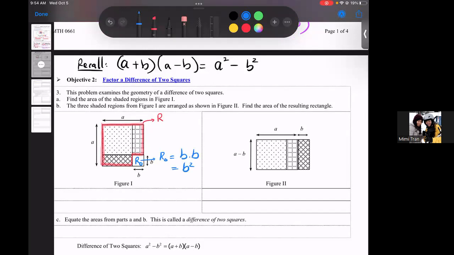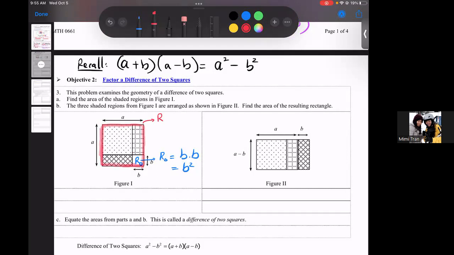What is the area of the shaded region? Hang on, I shaded wrong. Ooh, I shaded wrong. It's too complicated for you guys. Maybe just the whole square, like that.